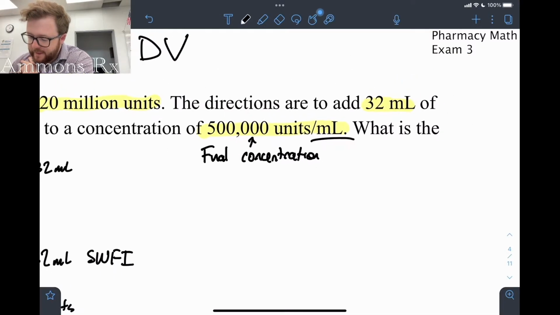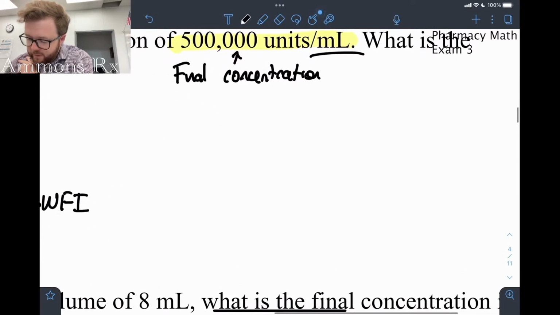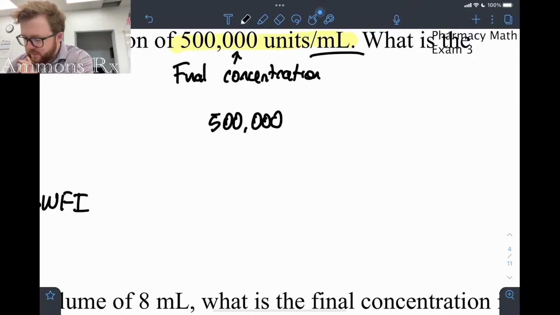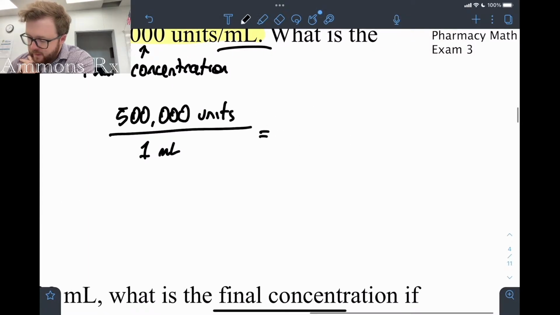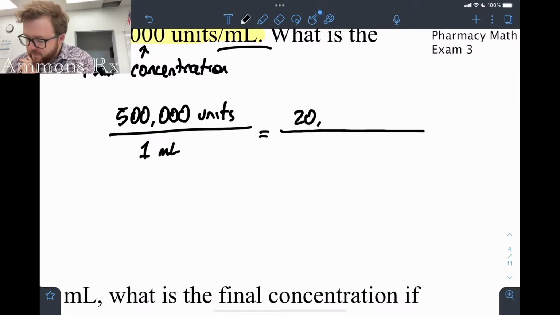So what that is connecting is our final volume with our drug because we have 500,000 units per 1 milliliter. In our entire vial, how many units are there? 20 million units.